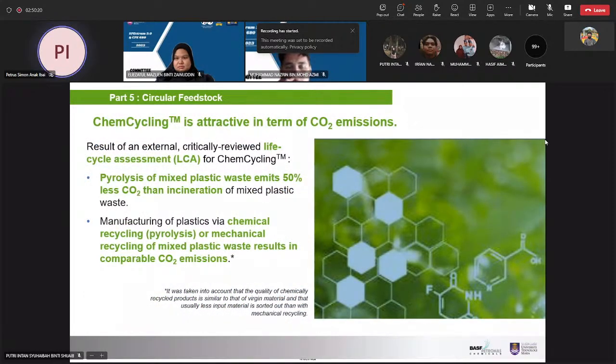And why chem cycling is attractive in terms of carbon dioxide emissions. The result from the external, critically reviewed life cycle assessment of chem cycling found that the pyrolysis of mixed plastic waste emits 50% less carbon dioxide than the incineration of mixed plastic waste.